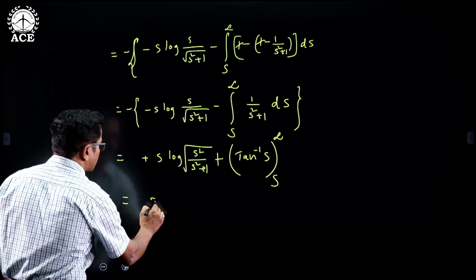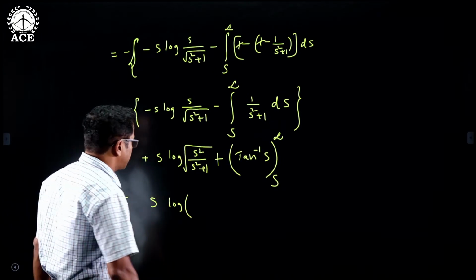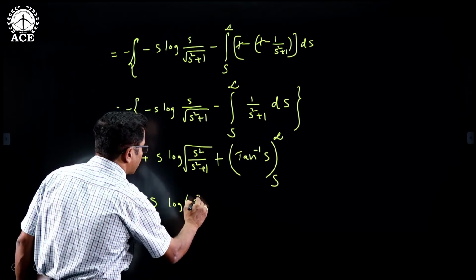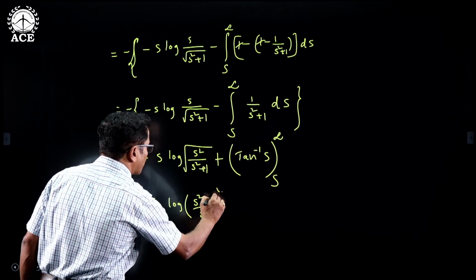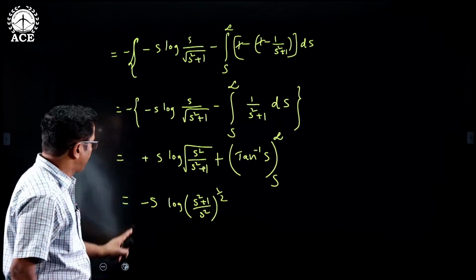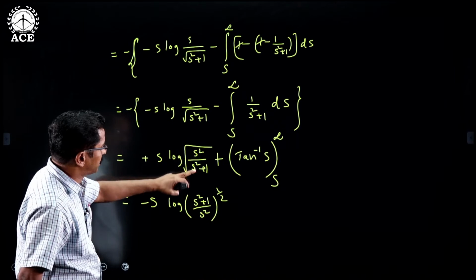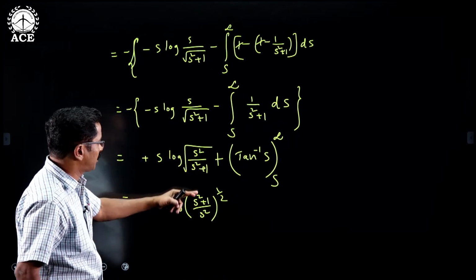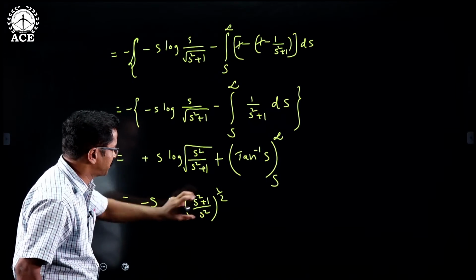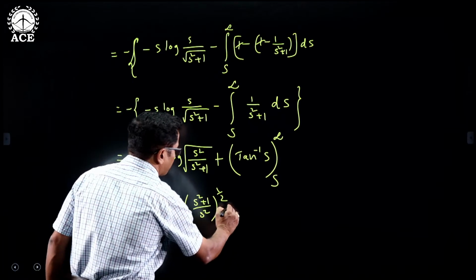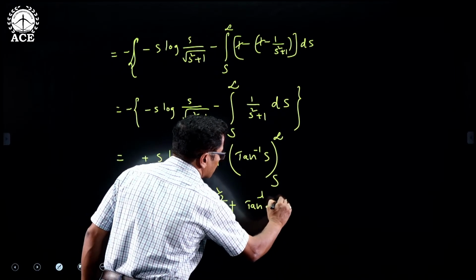So it equals s into log of s square plus 1 by s square whole power 1 by 2 with the negative sign. For simplification purposes I am writing it like this, plus tan inverse infinite minus tan inverse s.